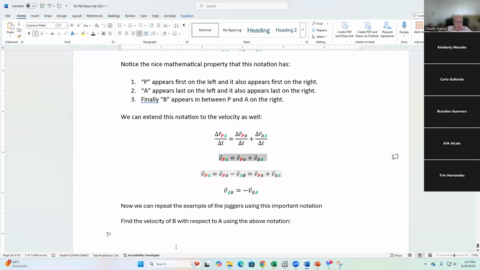And here you go. We use B with respect to A. That's what I want to find out. B with respect to the ground.